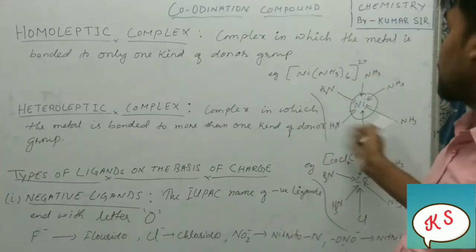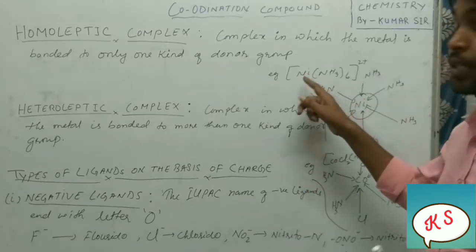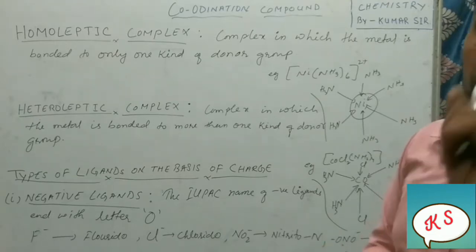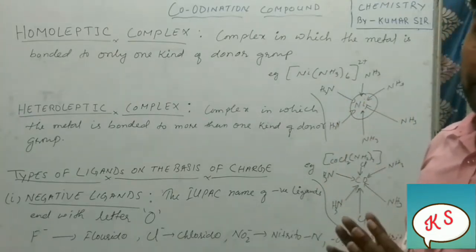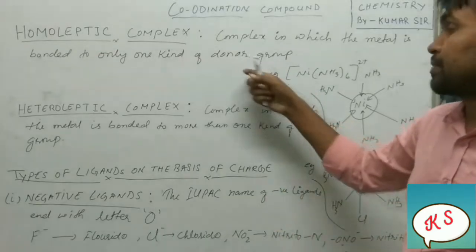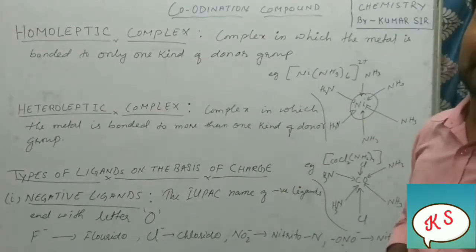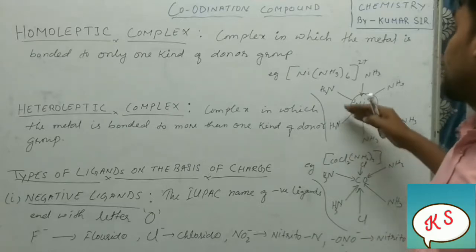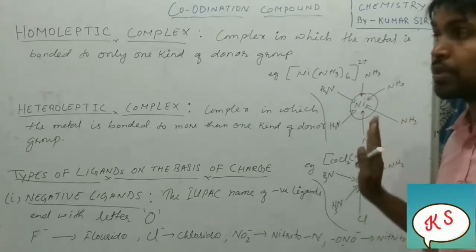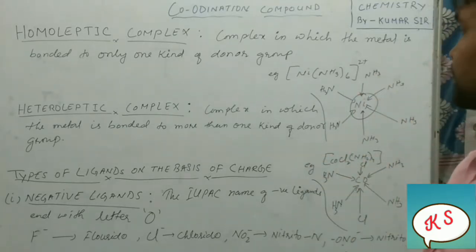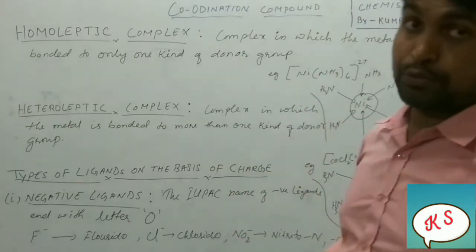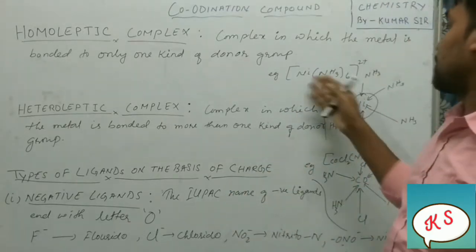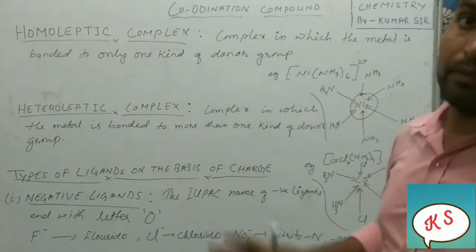So throughout the structure you can see that the central atom is only bonded to one kind of donor, that is nitrogen, right or not? So this kind of complex we call what? Homoleptic complexes. I hope you have understood this very basic thing. If you are taking down the notes, definitely you should take it down, so that it will be very clear for you.